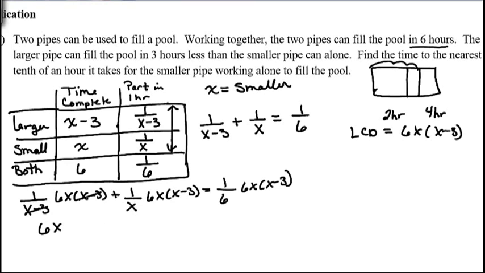And 1 over x times 6x times x minus 3, the x's cancel, and we're left with plus 6 times x minus 3. And that equals, when we multiply 1 over 6 by 6x times x minus 3, we're left with x times x minus 3.